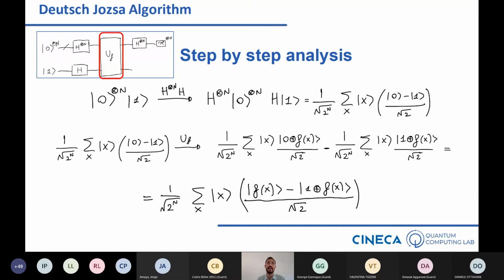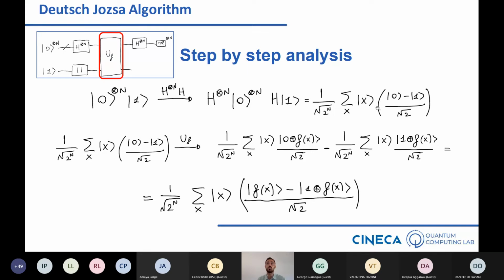These are n qubits. If you remember what we said before, this is not a single qubit, it is a list of n qubits. To each one of them you apply Hadamard. So the aim of the first one is to put everything in superposition.